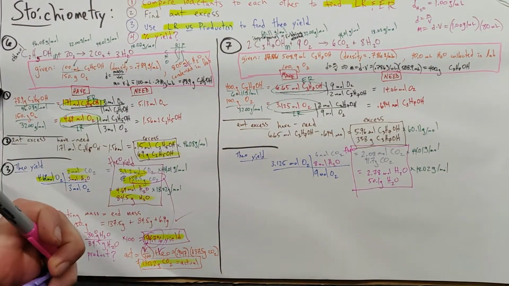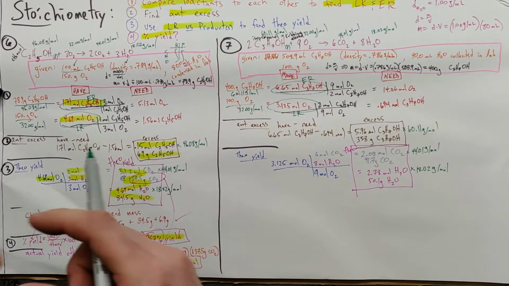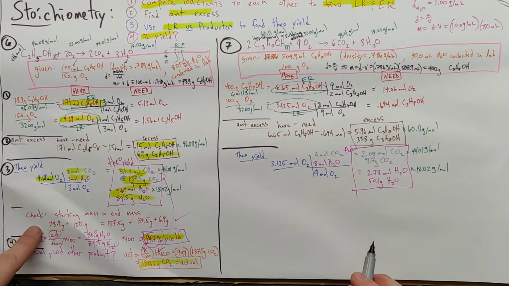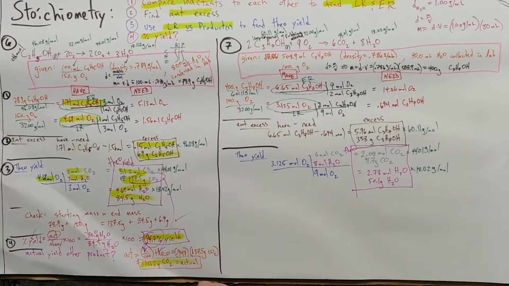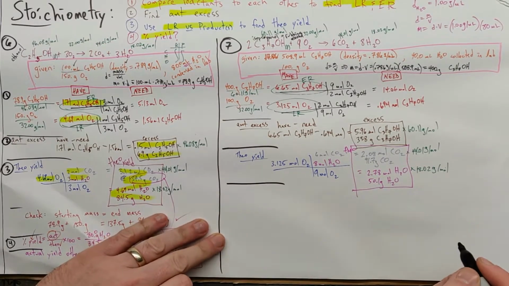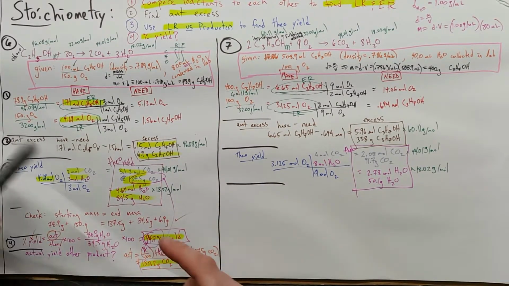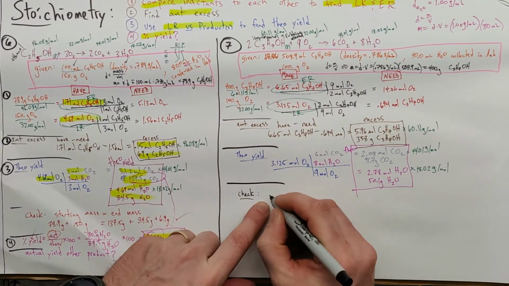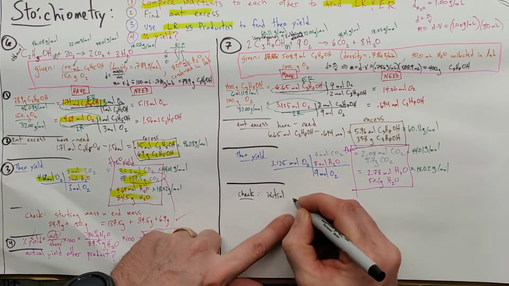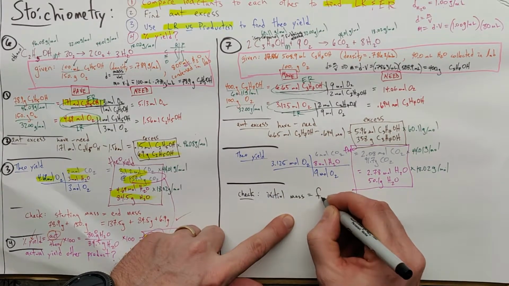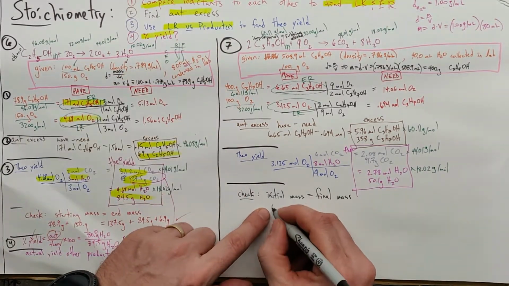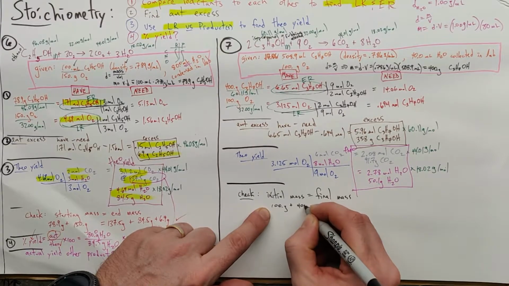We can check things, and again, I'm going to declare that I'm going to start checking things now by adding up our mass. Our mass in the beginning should be equal to our mass in the end. Our initial mass is what we were given, which is 100 grams and 400 grams.